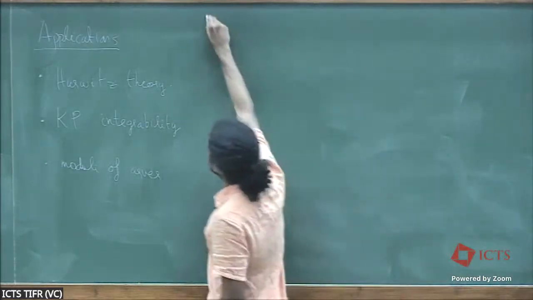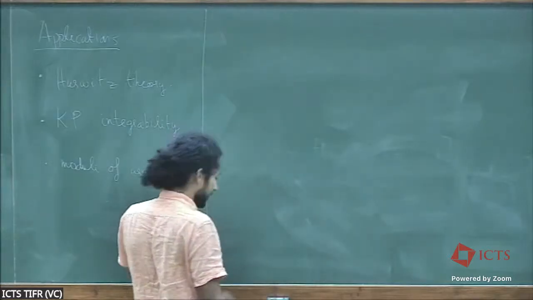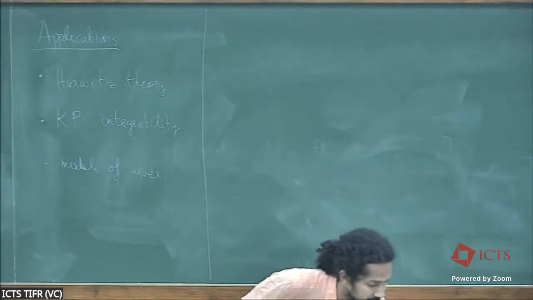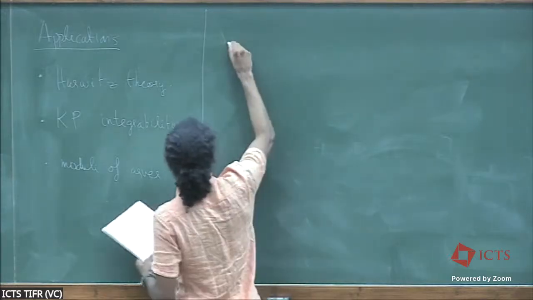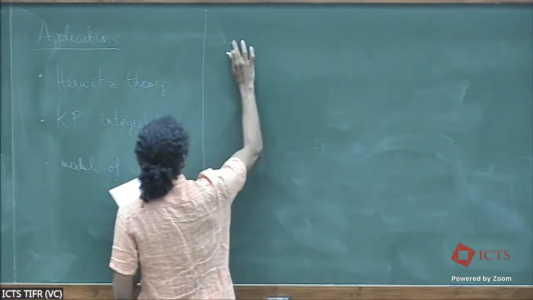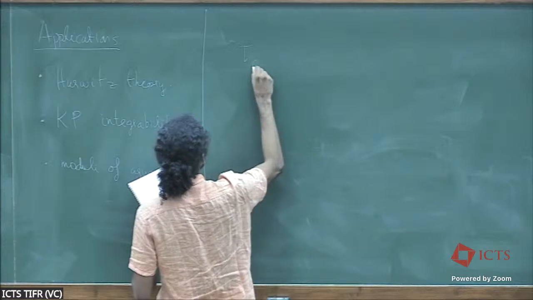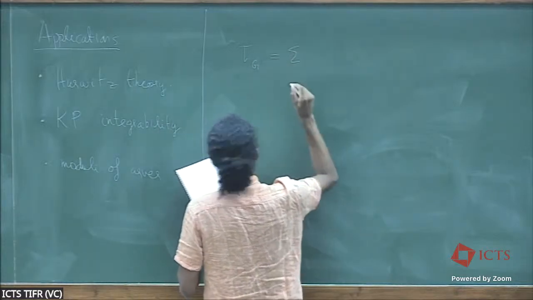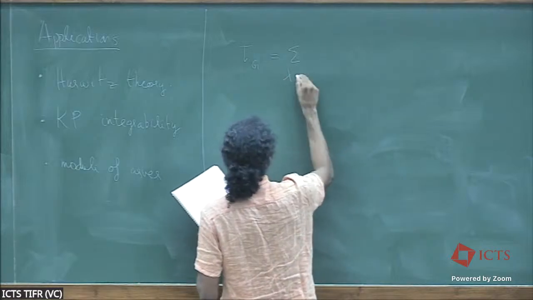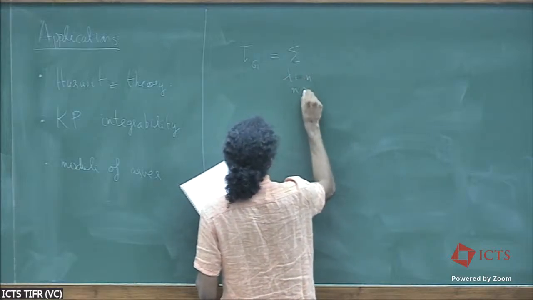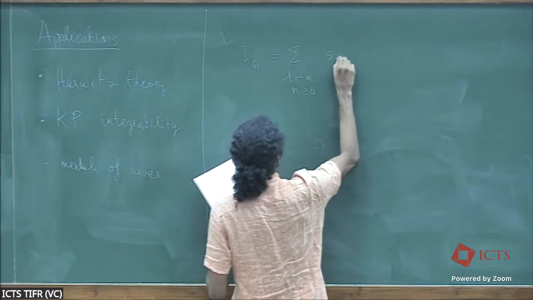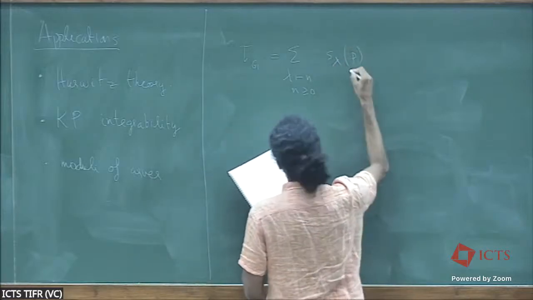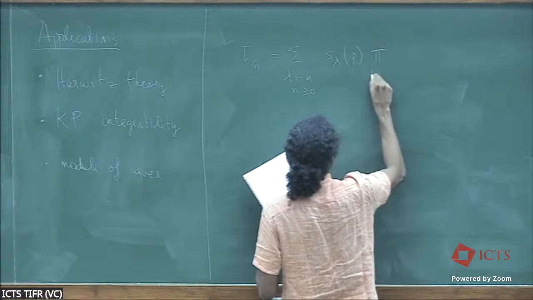Okay, so let me start by telling you what the statement is for Hurwitz theory. Remember that Valentin told us about this generating function that had these Schur functions, right? So something like your sum over all partitions, you have Schur functions s_λ of p, and this product over contents.